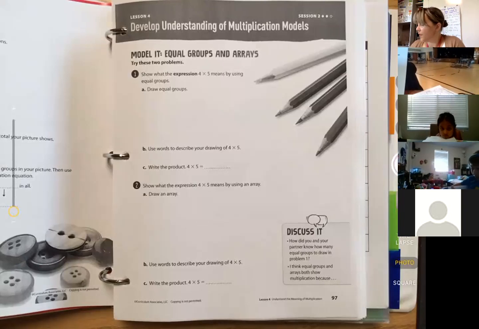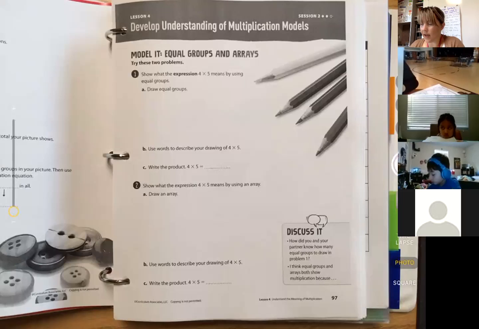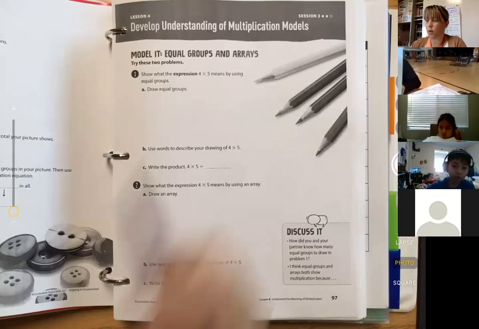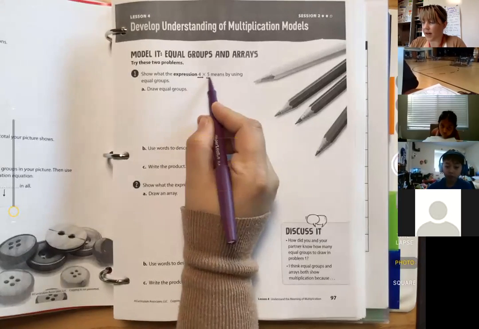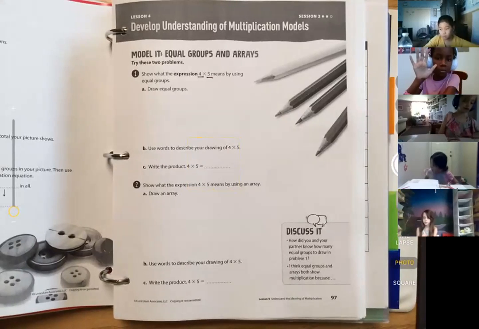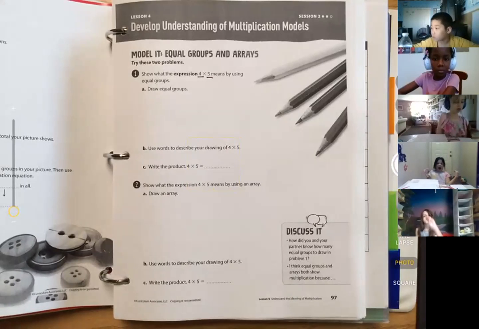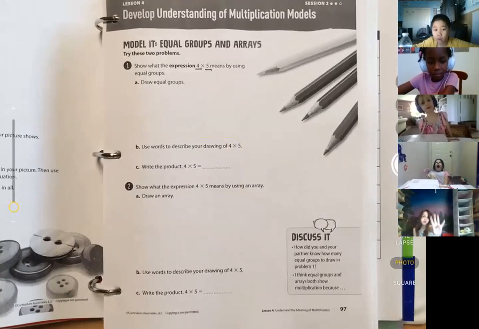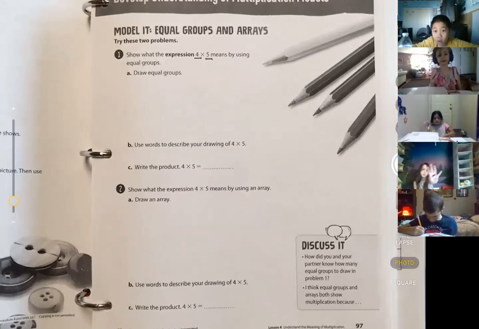Okay? So the first thing on here, it says, show what the expression 4 times 5 means using equal groups. So somebody tell me, if my equation is 4 times 5, how many groups do I have? Taylani, how many groups? 4. 4 groups.